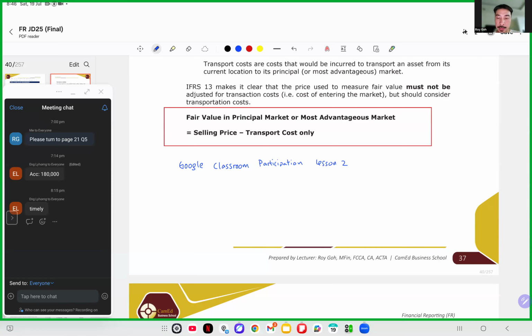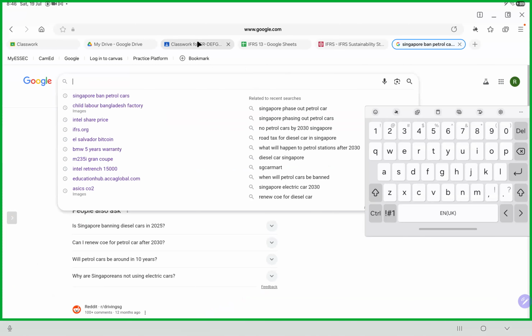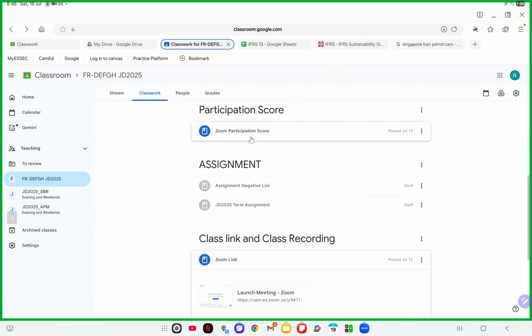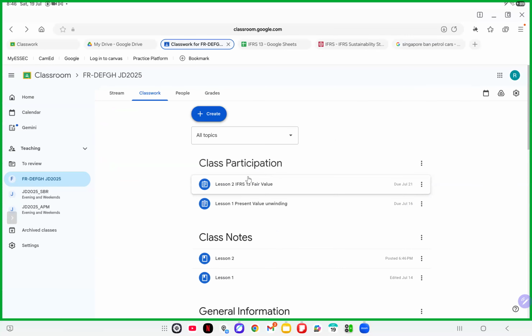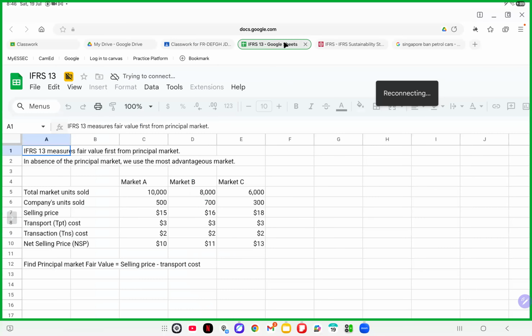Ladies and gentlemen, this is Google Classroom. Then you have a class participation. Do you see lesson 2? Click on this lesson 2, please. Thank you very much to the 2 of you who have turned in. If you click on this IFRS 13, you will find this.